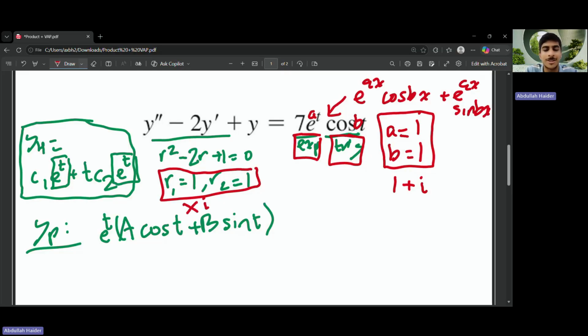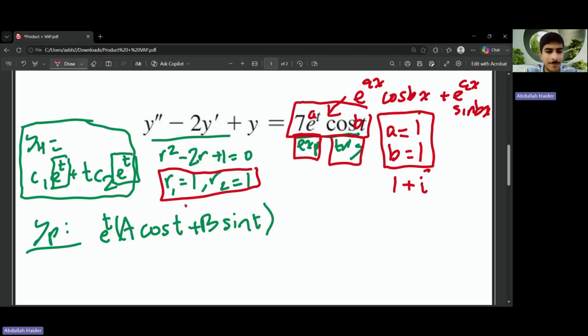So only for this scenario, when you have exponential and trigonometric, once you're done with the YP for both of them, you compare the a and b for the right side with what you have for the homogeneous.